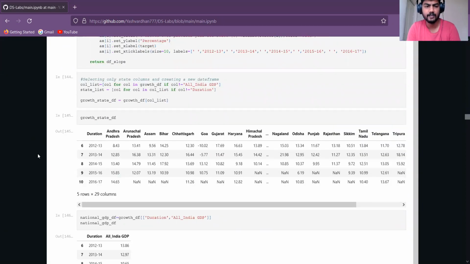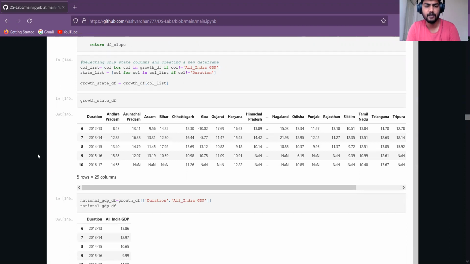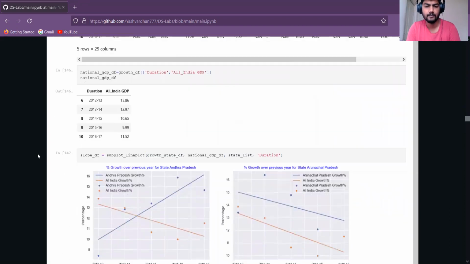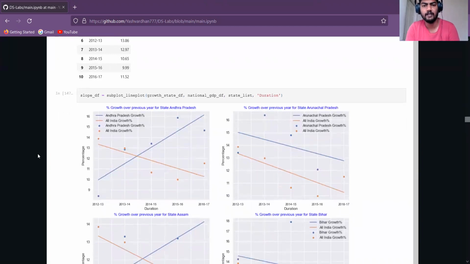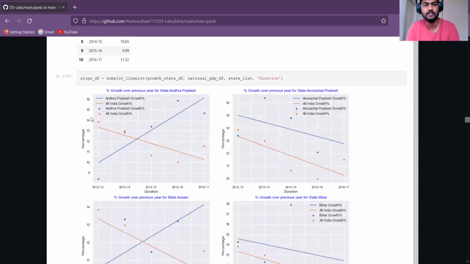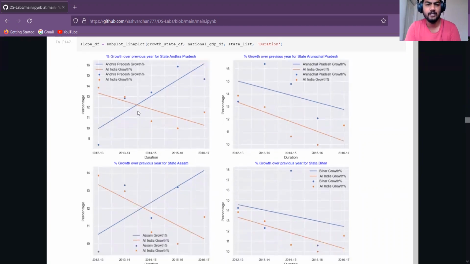For the line plot, the result that we obtained from the above code is the percentage growth over the previous year for the state Andhra Pradesh. So what we do is we calculate the percentage growth over the previous year for each state. The first one is for Andhra Pradesh, similarly for Arunachal Pradesh.